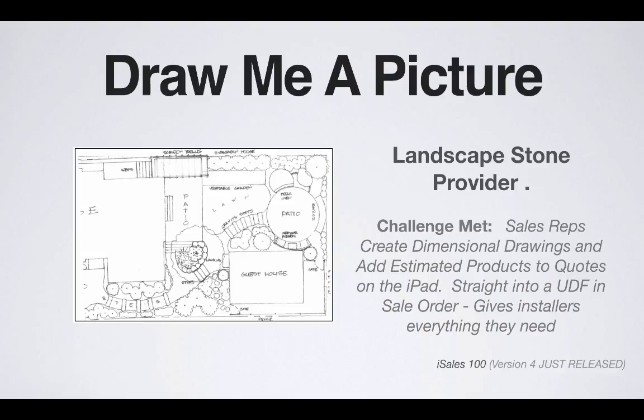So they're at the prospect location with the quote, and what they would previously do is everything manual. They would sketch out what the property looked like where they were going to be installing this stone, and then based on the dimensions of what the customer wanted to do, they would make estimates of the product that would have to be delivered as part of that deal.